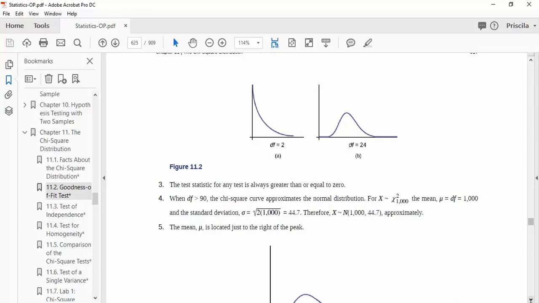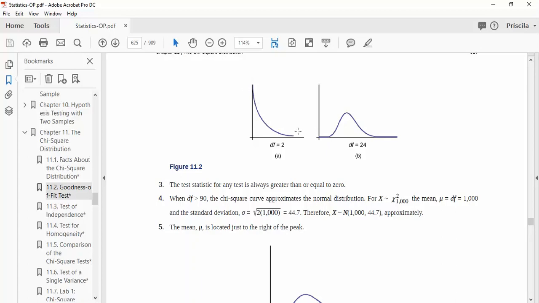But in this case, I'm going to give you the formula to use in Excel, so you don't have to go through the table. That way you're always going to get exact amounts for your p-value. The test statistic for any test is always greater than or equal to 0. And when the degrees of freedom are very high, for example higher than 90, the chi-square curve approximates the normal distribution.